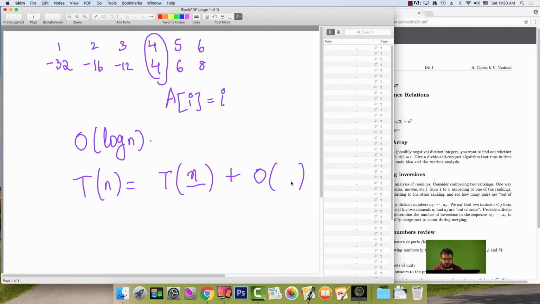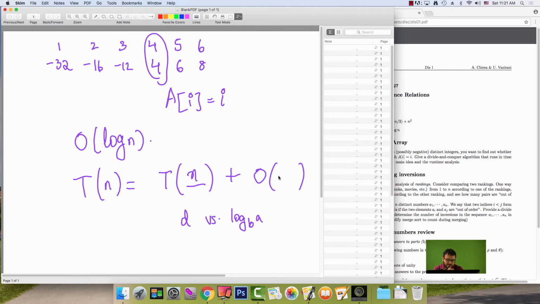If we need O of log n as our final answer, that means that we cannot actually have something that is O of n here. Why not? Because remember, we compare d versus log base b of a. If d is 1, we already have a runtime that's at least n. So it's not going to work. That means we can't do O of n work here.